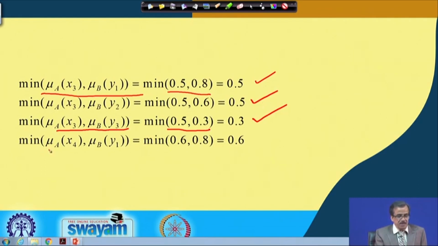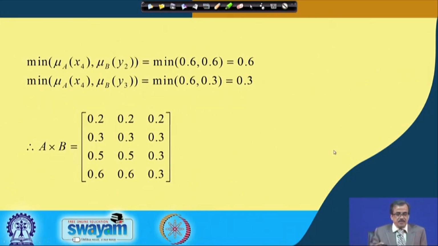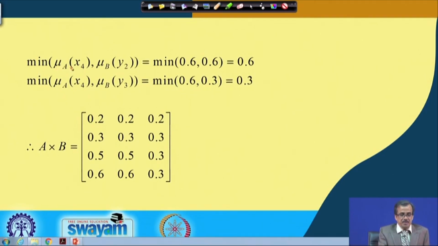Next is the minimum between mu A(x4) and mu B(y1), that is between 0.6 and 0.8, and you get 0.6. To find the product, we need to find some other elements: the minimum between mu A(x4) and mu B(y2) is the minimum between 0.6 and 0.6, which is 0.6.